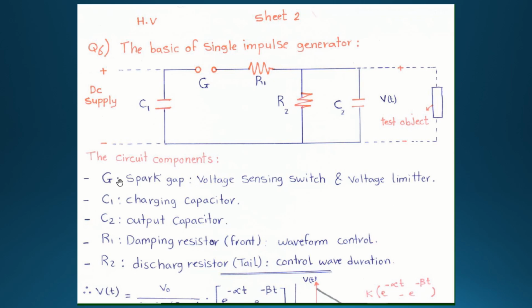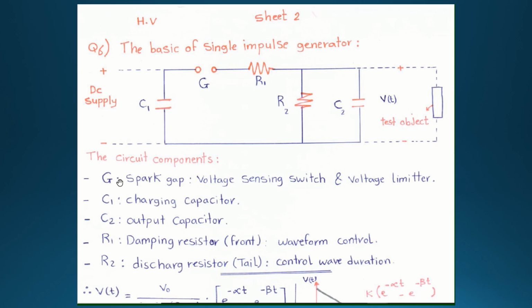Now let's move on to the second element, which is C1. This is an important component of the single impulse generator. The main function of capacitor C1 is charging as well as discharging. In the first stage, it charges completely, and later it discharges.